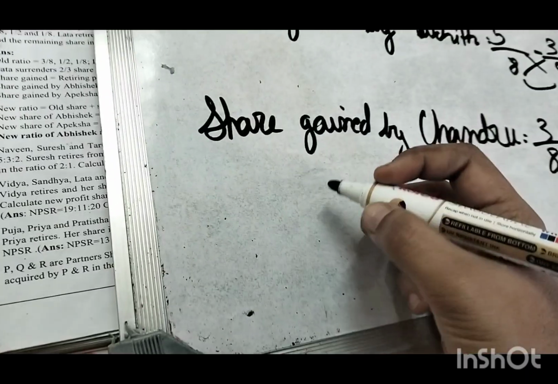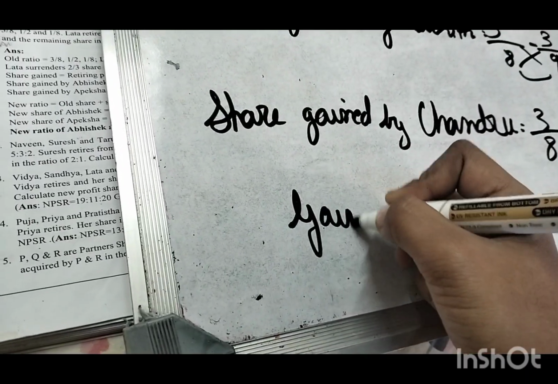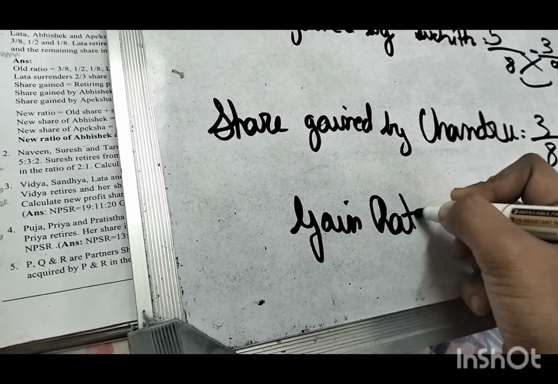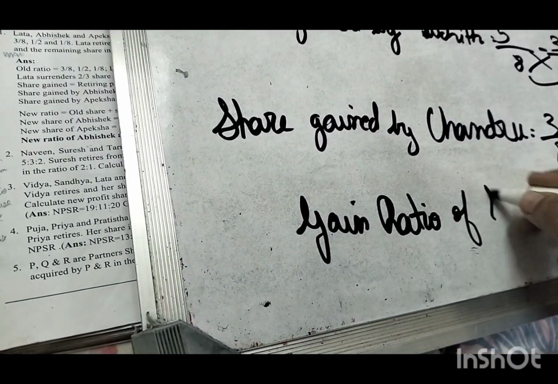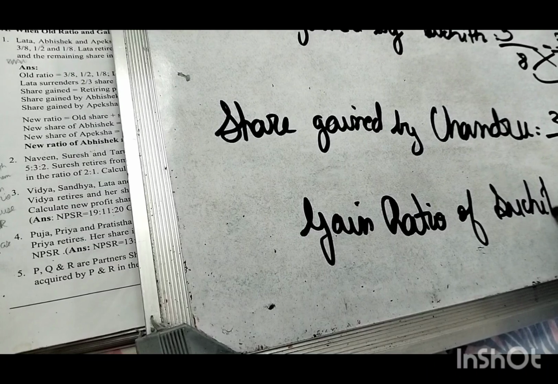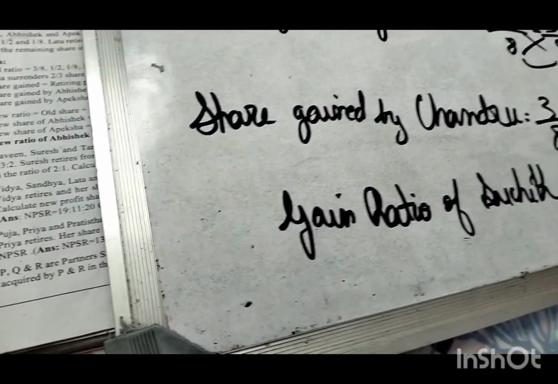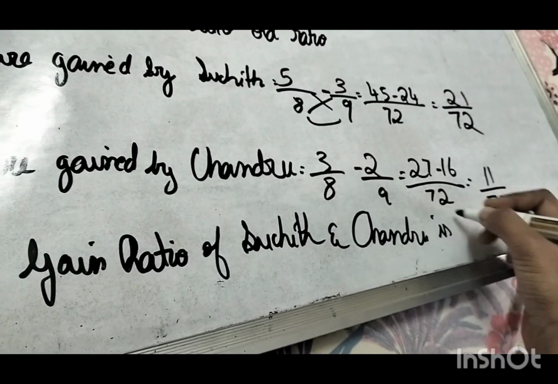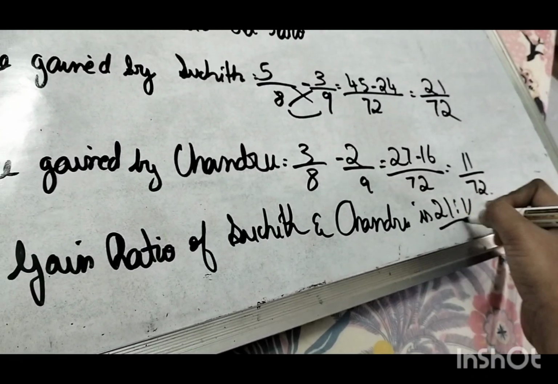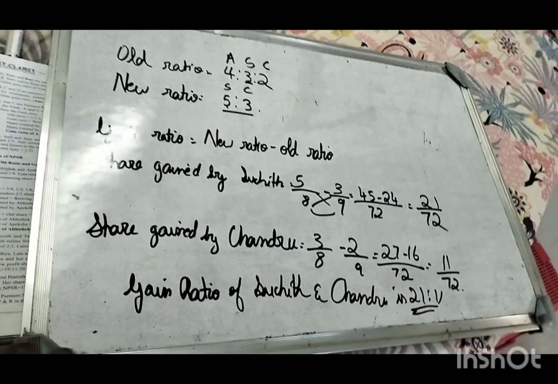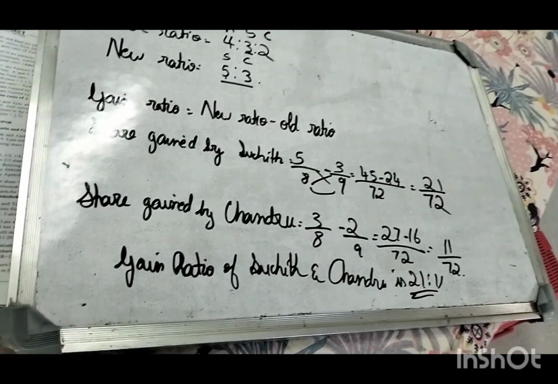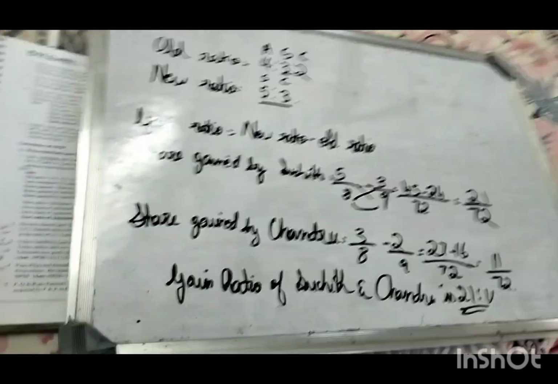The final step is the gain ratio of Suchita and Chandru, which is 21:11. So you do this stepwise, you get your entire 6 marks.